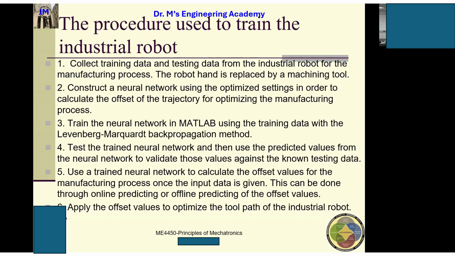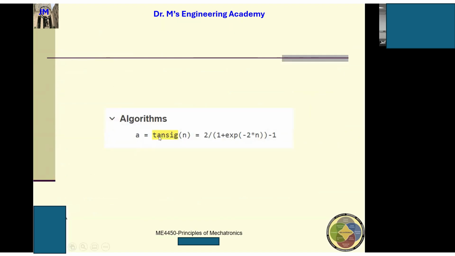Okay, guys? So on the algorithm, this is the tansig function, and you should know that, I'm sorry, because I use abacus all the time. MATLAB knows this is tansig.